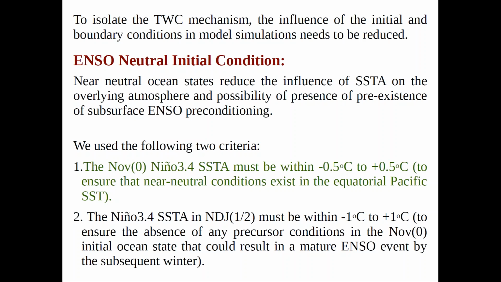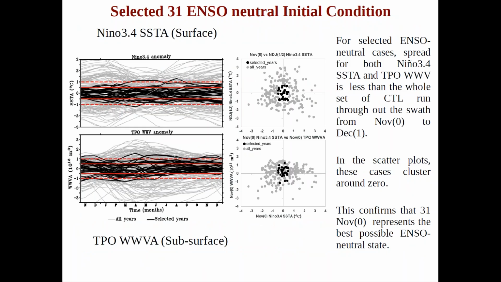And then we also see the subsequent winter NINO 3.4 SST, and we use this plus minus 1 criterion so that there is no hidden preconditioning which can end up as an ENSO in the next year. So these 31 pass our criteria.